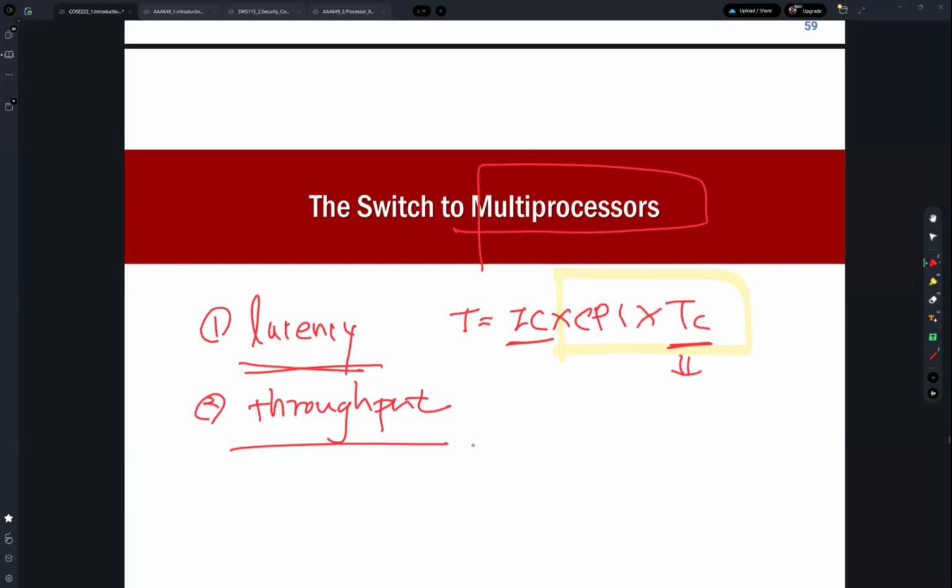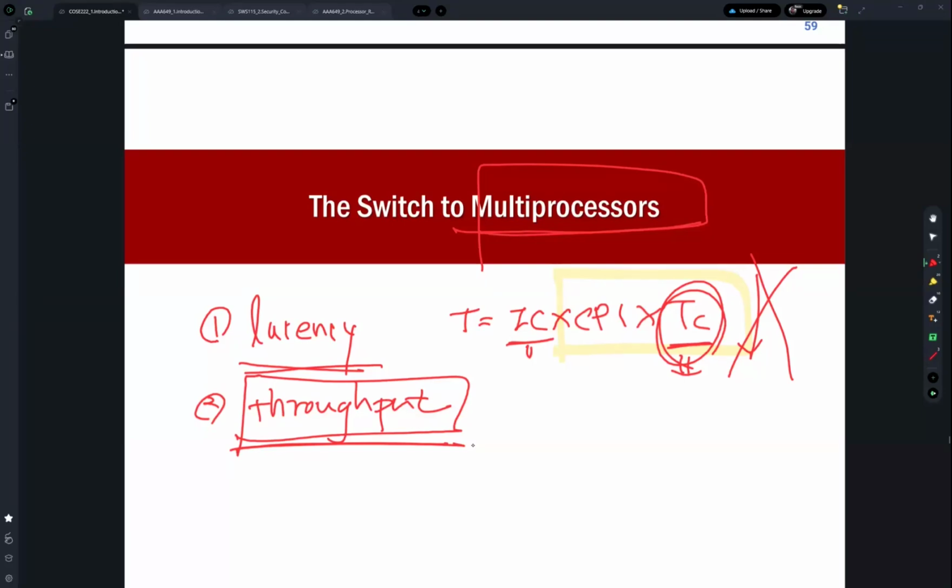But I explained that nowadays this is very, very hard because of power consumption. And this part is the software part. So it's not easy to reduce the latency of a task. But we can increase the throughput using multiprocessors.